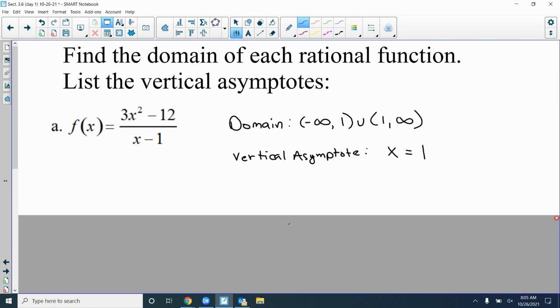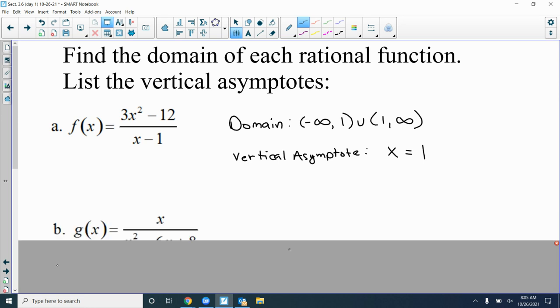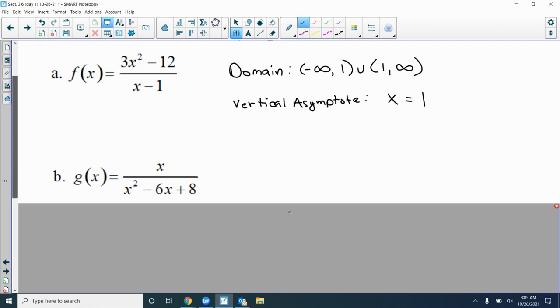They go hand in hand: wherever your domain doesn't exist, you're going to get a vertical asymptote. Now you would have to test it to determine whether it's going to positive or negative infinity, but right now we're just identifying.